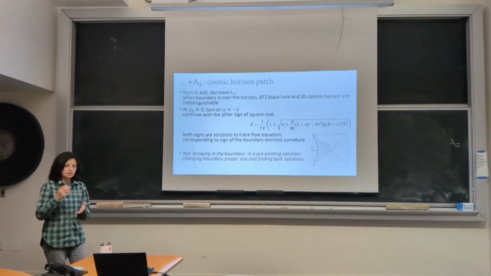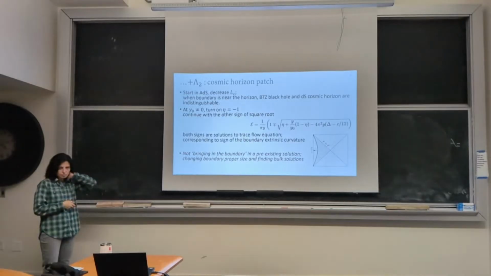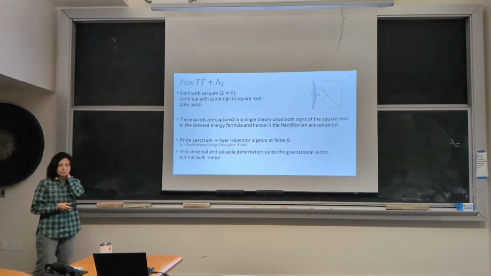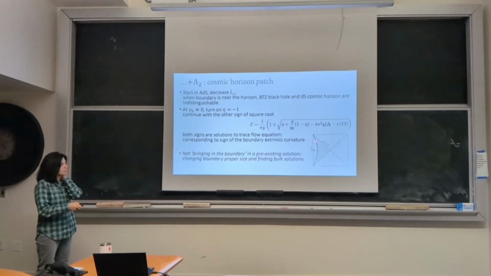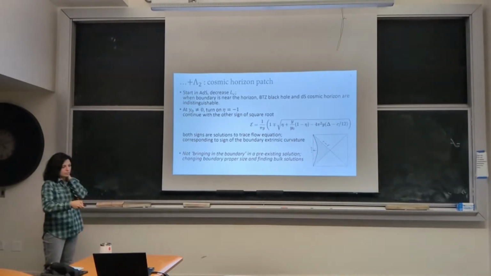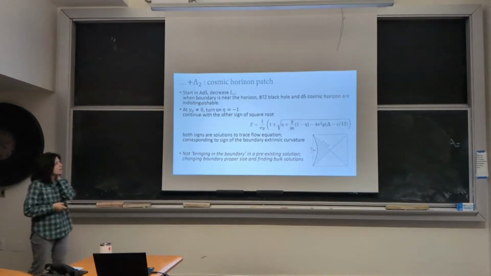We are fixing the boundary condition and looking for solutions that match those boundary conditions. The way that it works, it gives you some bounded patches of de Sitter space that is between the horizon and this boundary that we were moving or changing the size of.